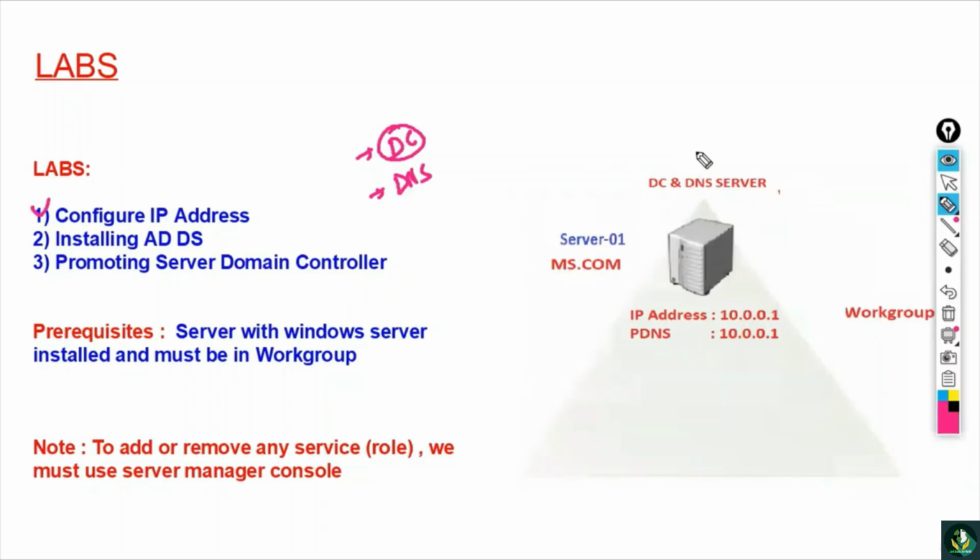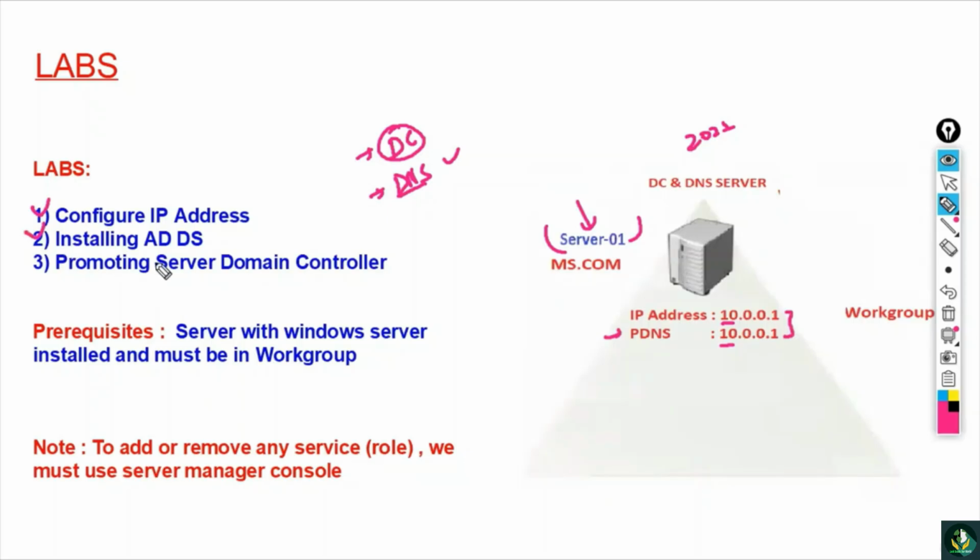On that virtual machine, we have installed the Windows Server 2022 operating system, and we have named that server Server01. On that server, we will configure the IP address 10.0.0.1, and as we have discussed, when you configure the domain controller, the DNS service gets installed. So the preferred DNS will be 10.0.0.1, same as the IP address.